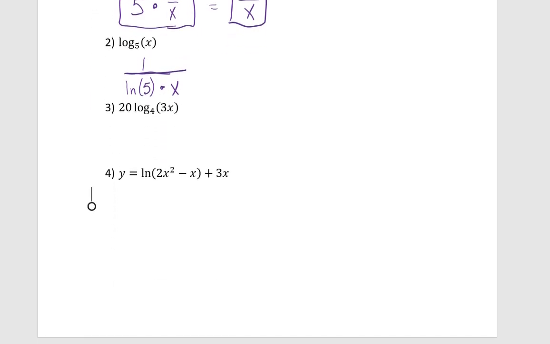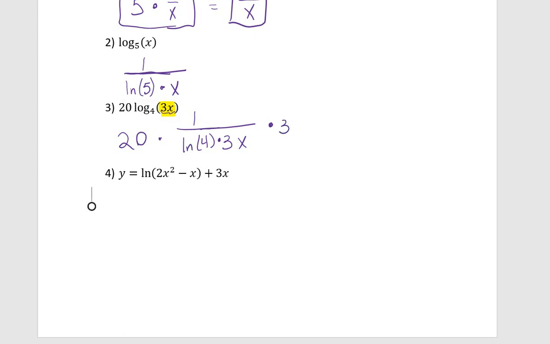Now for the next one, we want to find 20 times log base 4 of 3x. So this is our inside function, so we just have to be aware of that. So we're going to have 20 times the derivative of log base 4, which is going to be 1 over the natural log of 4 times our inside function, f of x, which is 3x, times the derivative of the inside, which is 3.